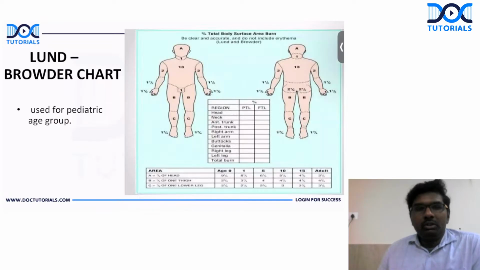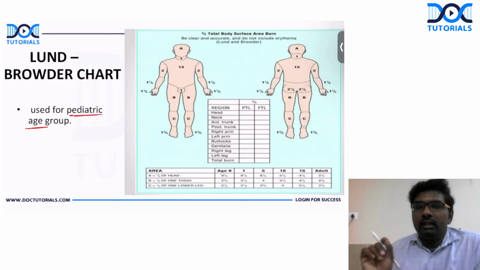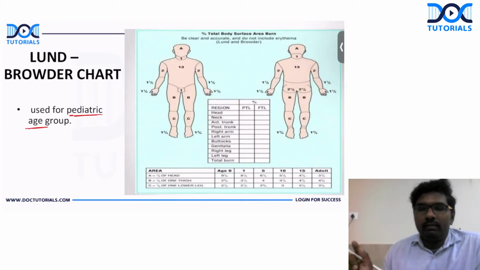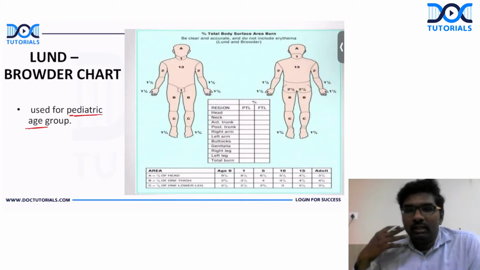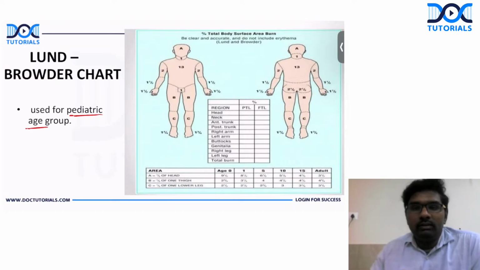Coming to the Lund-Bruder chart, this is commonly used for the pediatric age group. The most important thing in the Lund-Bruder chart is that it is very clear and accurate, and the erythema part is not involved. If there is erythema in some region, it is not included in the Lund-Bruder chart.